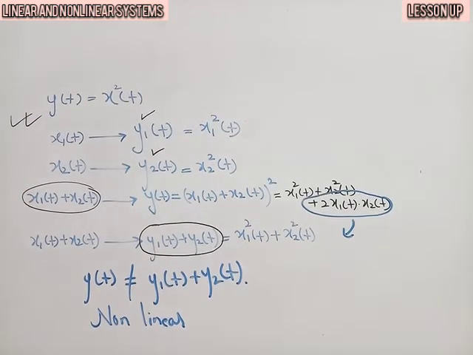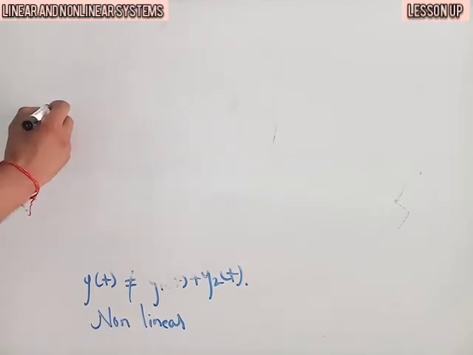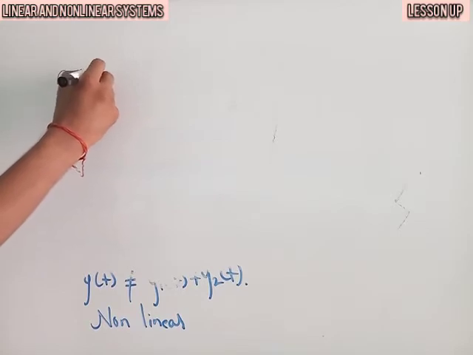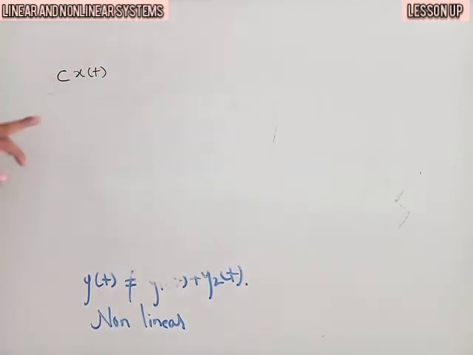And if we talk about homogeneity or scaling, that is the output due to the scaled input, that is C x of t. Okay, we are scaling with C, which is some real or complex constant.